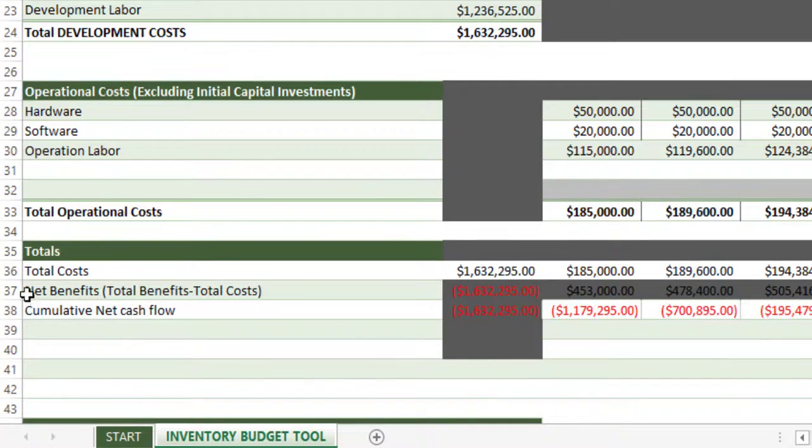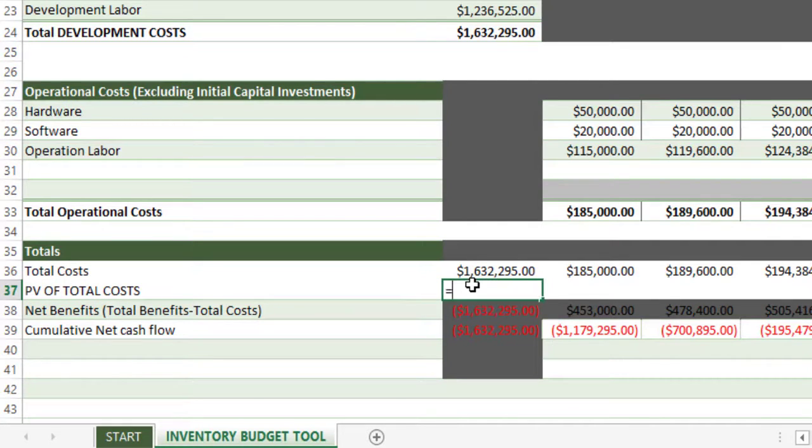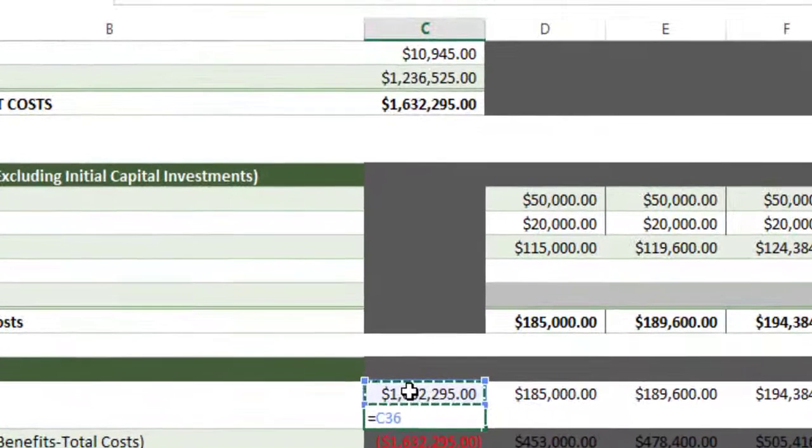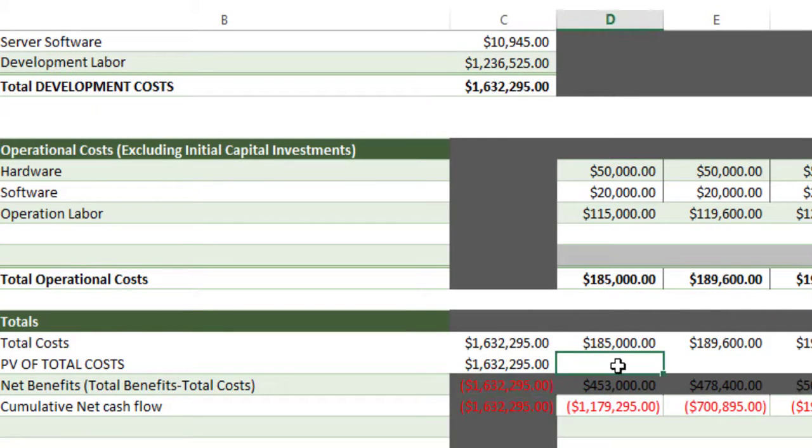So I'm going to add a column here, and I'm going to say PV of total costs. In the same manner, we begin with this one, then over 1.06. So this is year 0 because that's when the project is being undertaken.